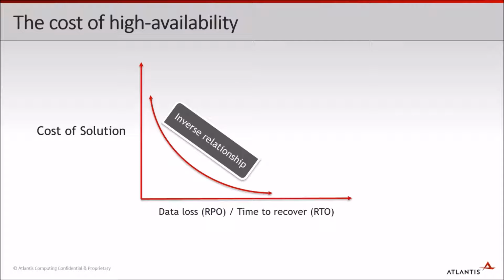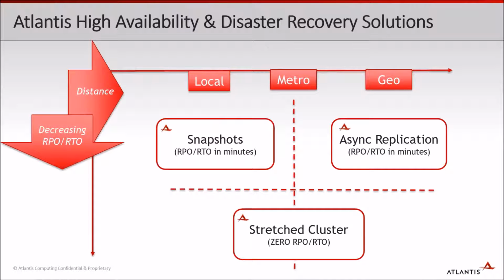However, if you now go towards the zero RPO and zero RTO goal, the cost of the solution becomes prohibitively expensive, at least in traditional architectures. At Atlantis, we offer solutions across this entire spectrum, as hopefully you can see on the slide here.